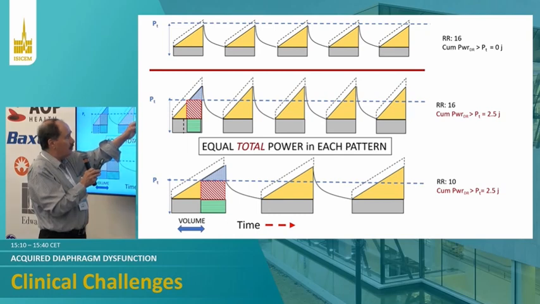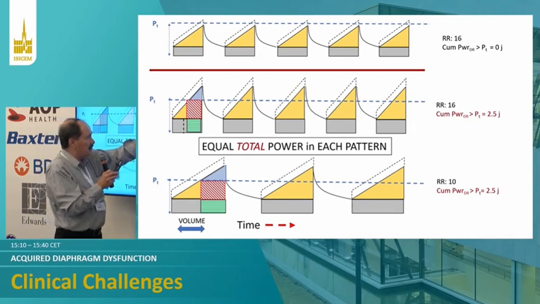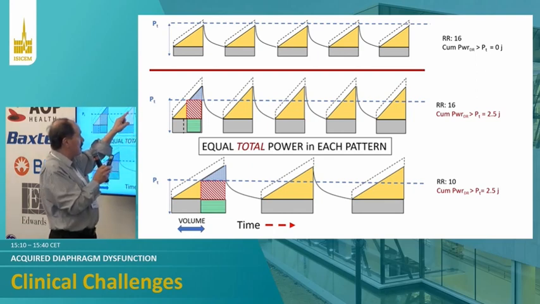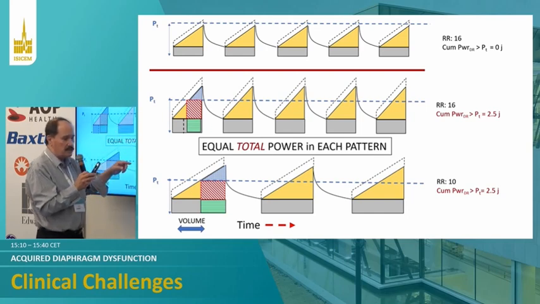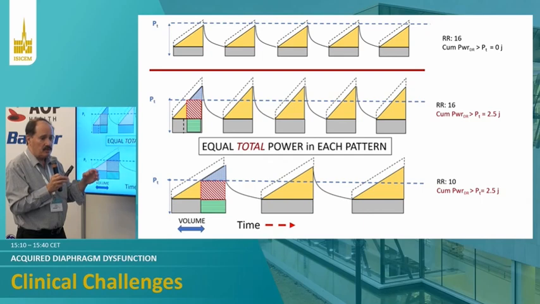Here I've got a respiratory rate of 16. I have some of the tidal volume that is occurring above the threshold level. And so these little triangles are the potentially damaging piece. If you want to think conceptually, what is the safe energy, what's the damaging energy?